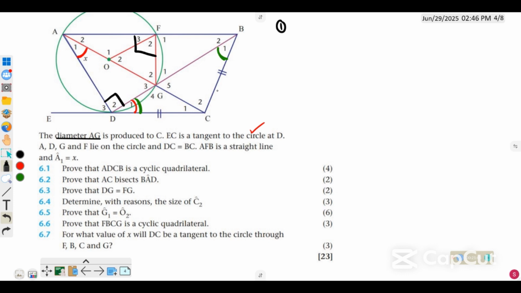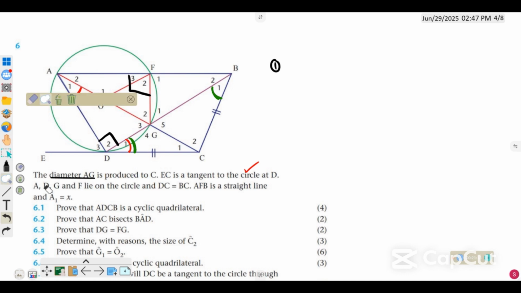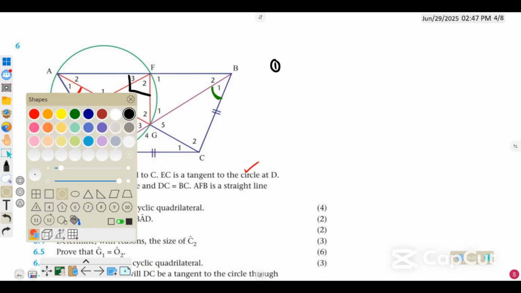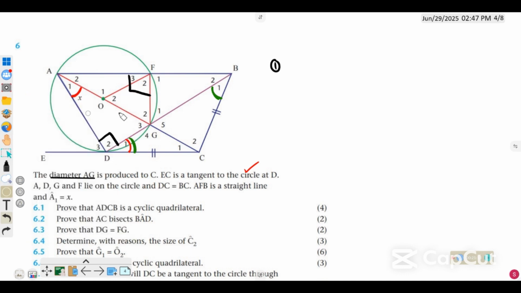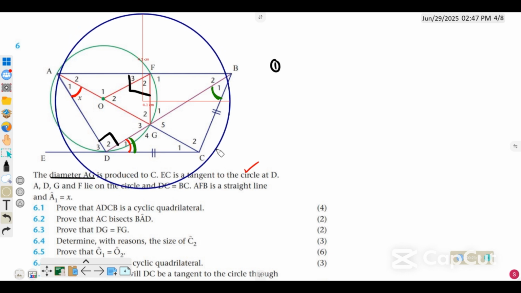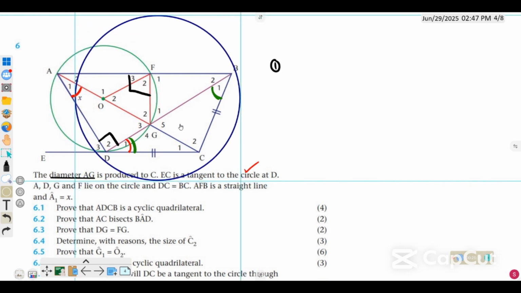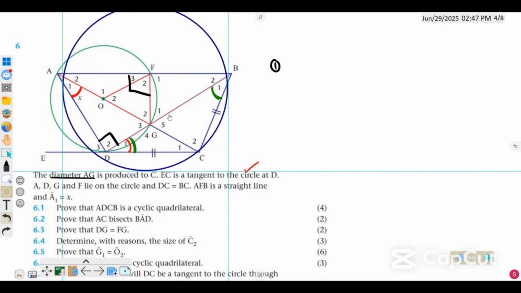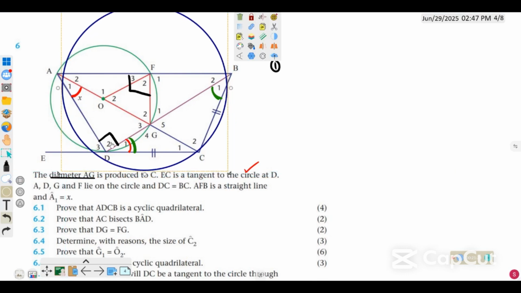Number one, prove that ADCB is a cyclic quadrilateral. ADCB, this whole thing, prove that there's a circle that runs around the entire thing there. There's a circle that goes something like this. You see, like I said, sometimes it's quite difficult to draw the circle, but you have to try.